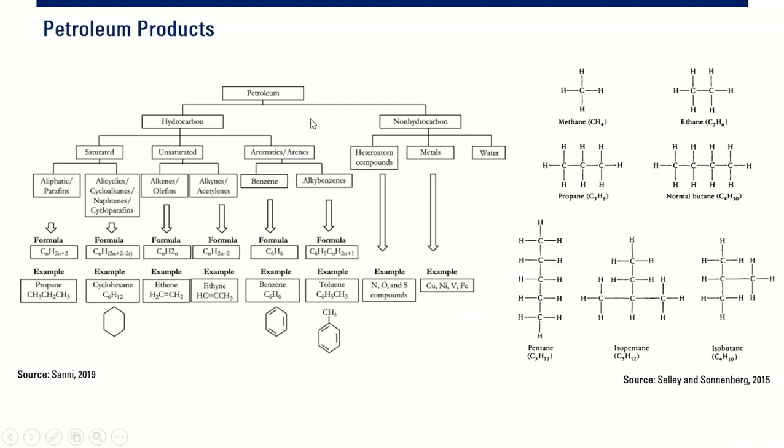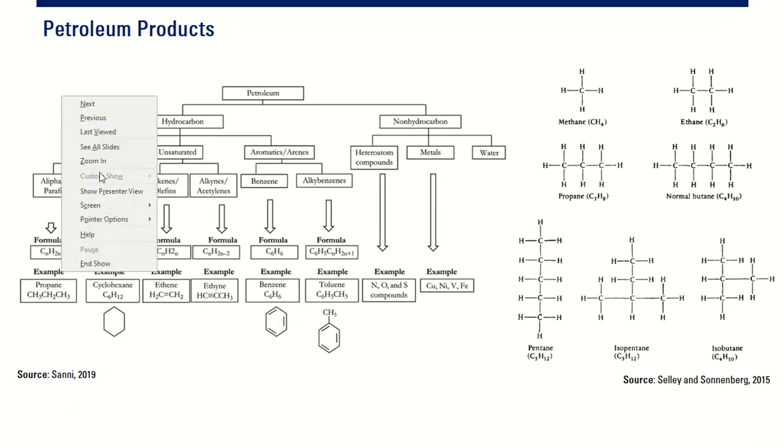This is the classification. So we have petroleum. We can distinguish between hydrocarbon and non-hydrocarbon. Hydrocarbon: saturated, unsaturated, aromatic. Saturated, for example, paraffin, aliphatic, alicyclic, and others. And this is the chemical formula.